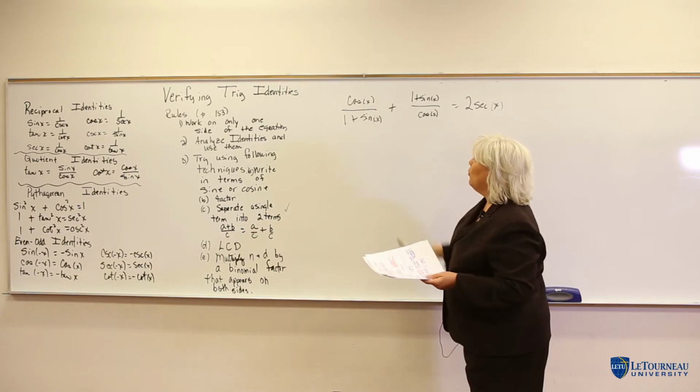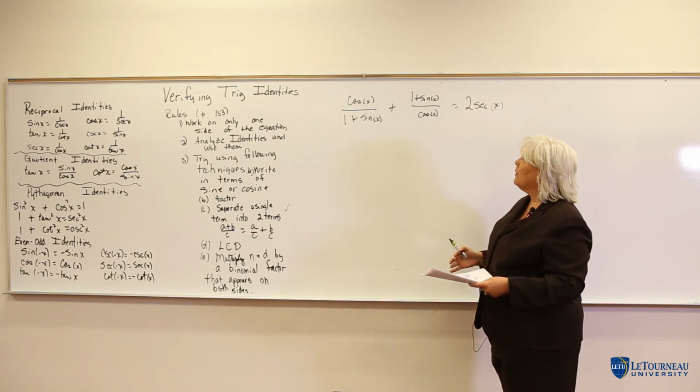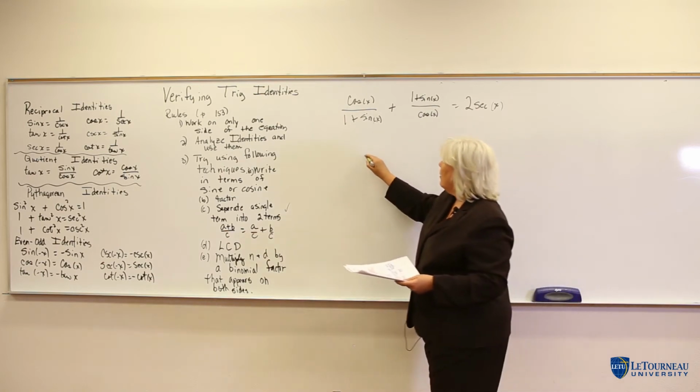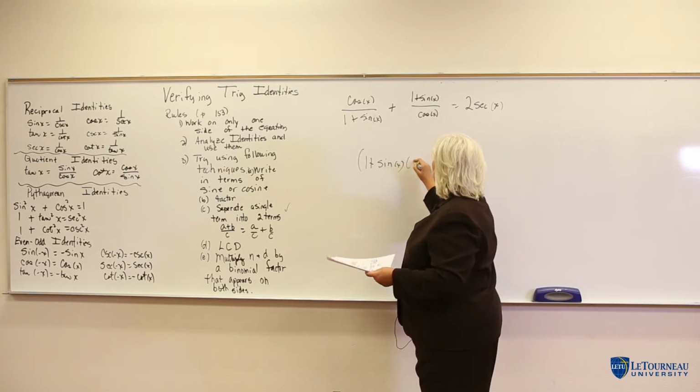In its simplest form, this is a fraction added to a fraction, and when you add fractions, you have to have a common denominator, so that's what we're going to do. The common denominator is going to be 1 plus sine x times cosine x.